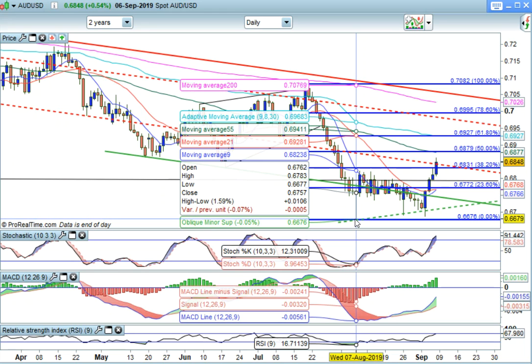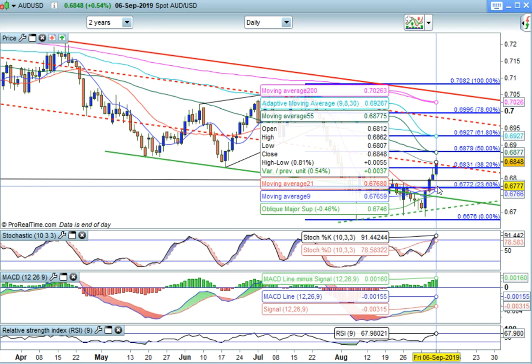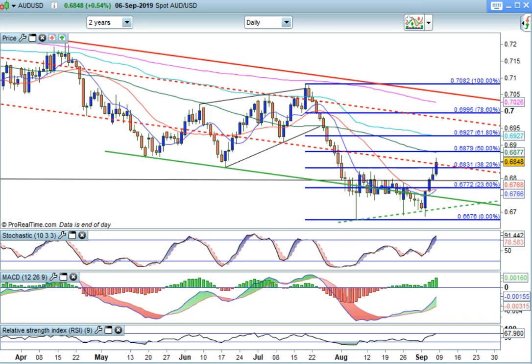So we've still got this base in place. And that comes in, the base, at 66.77. We're going to ignore that. We're going to look where we can retrace back to. You've got the 9 and the 21-day moving average. And coinciding with that and intersecting with that is the 23.6 coming in at 67.72.